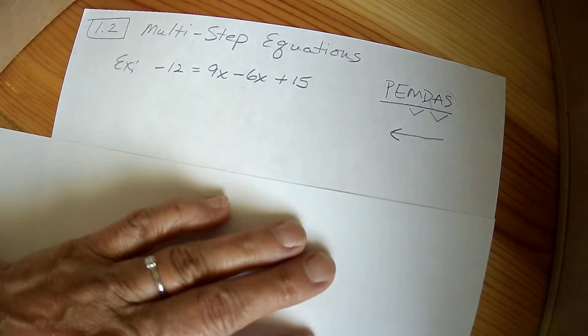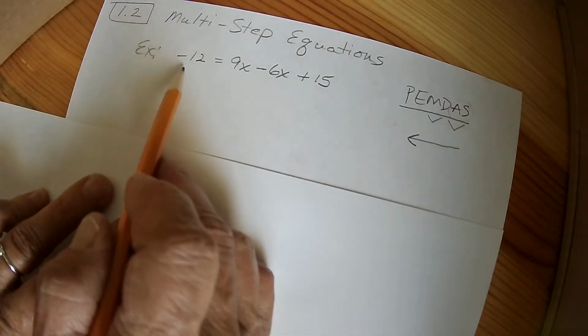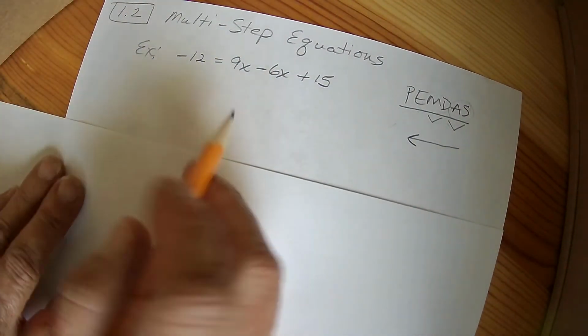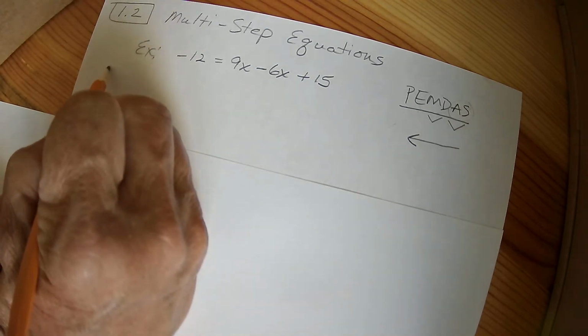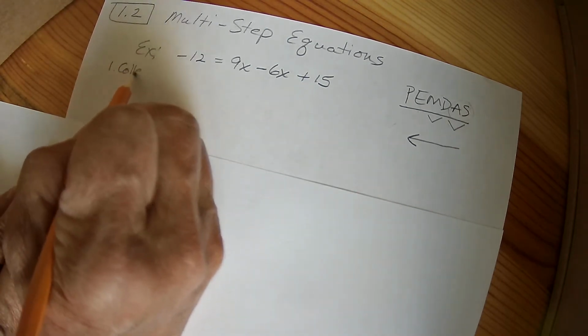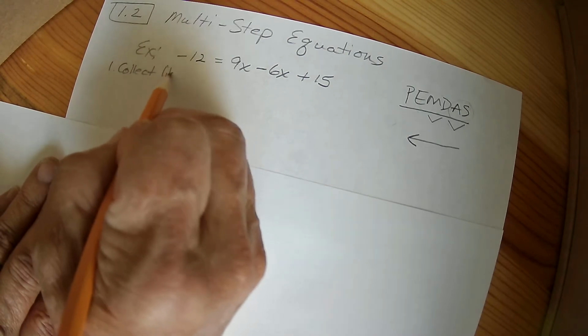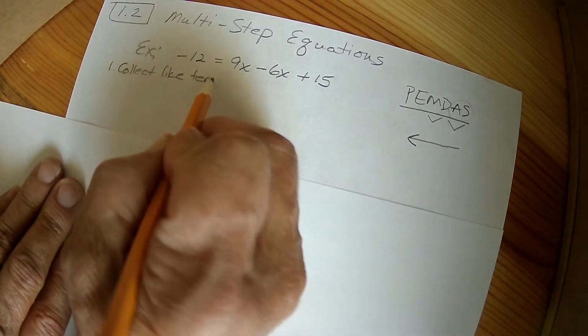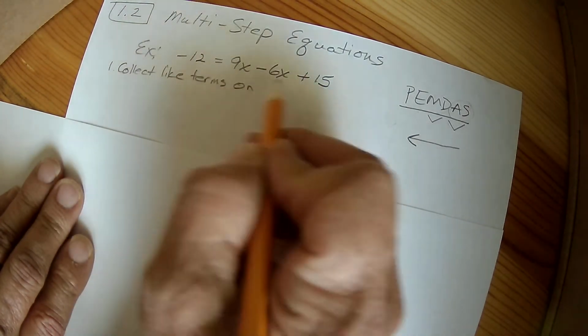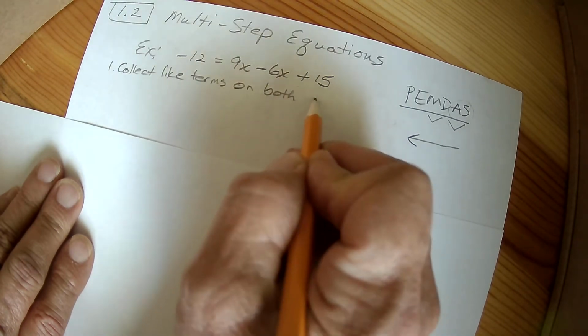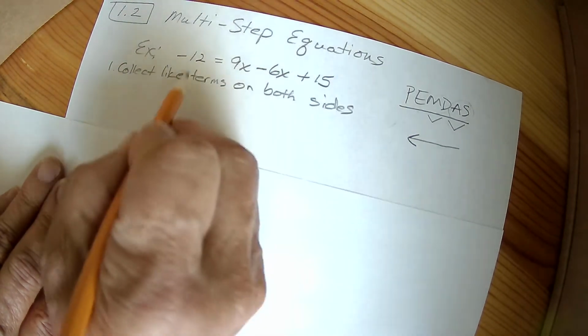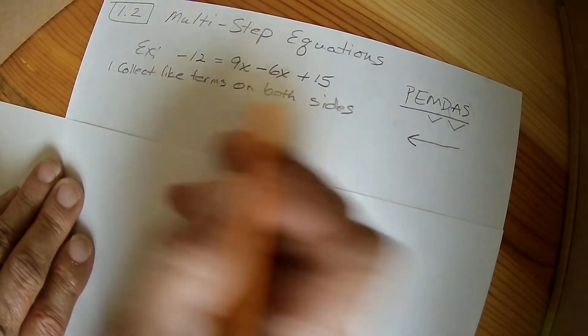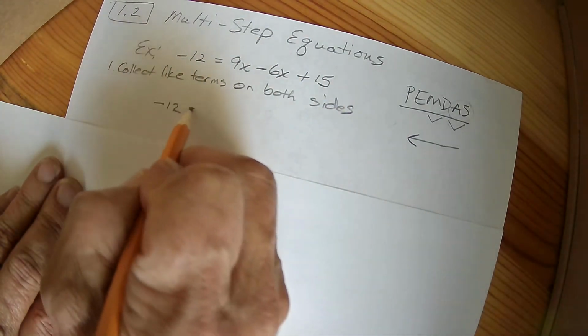But the first thing we have to do in this particular problem, we want to look at both sides, and the first thing we want to do is collect like terms on both sides. So on the left-hand side, I don't have anything to collect, so I'm just going to repeat what that is.